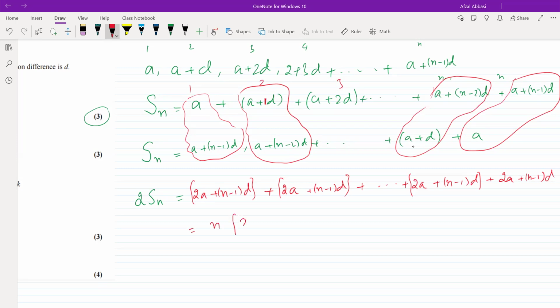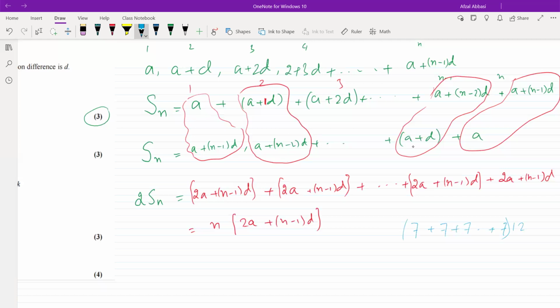Let me give you an example here. If we are adding 7, 7, 7, let's say we have 12 sevens. We have 12 numbers here, all are 7.